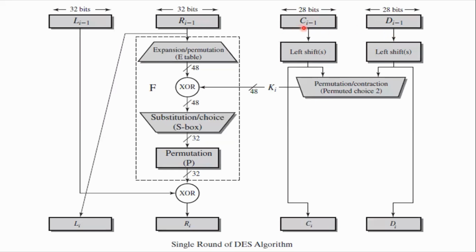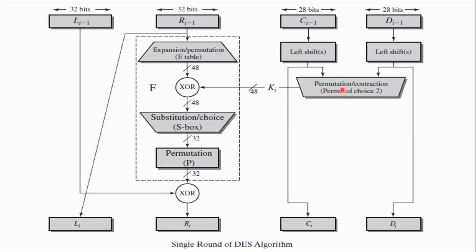Both the halves will be circular shifted. Then again you have to reduce it, because this is 56-bit data and it has to be reduced to 48-bit data. That's why you have to refer to another table.